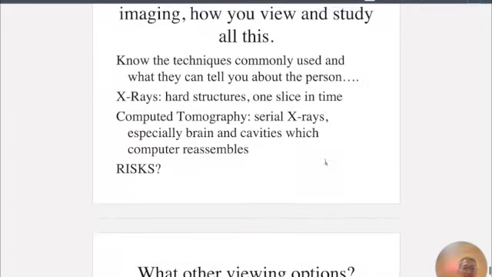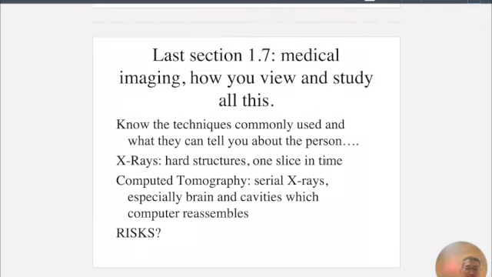Okay, so medical images. Some of you are going to be X-ray techs or something, so you need to know the differences between some of these. Of course, X-ray. Everybody knows what X-ray is. It's just to look at bone structure, not soft tissue.